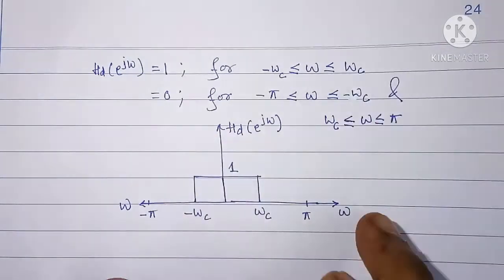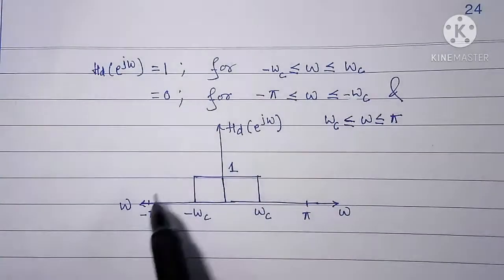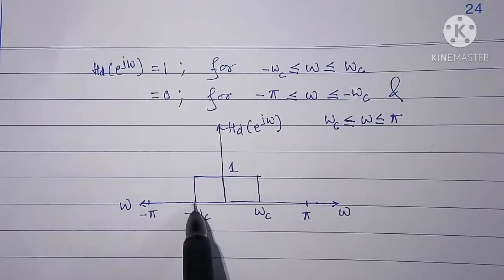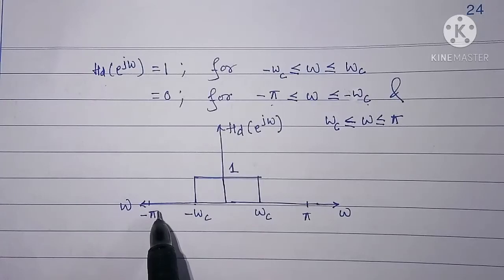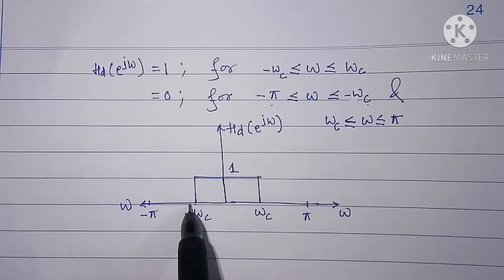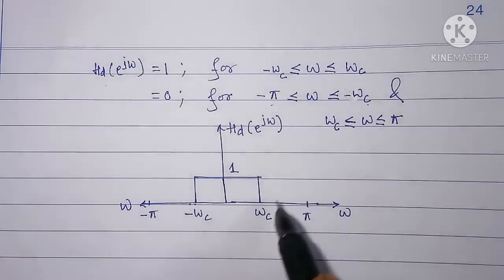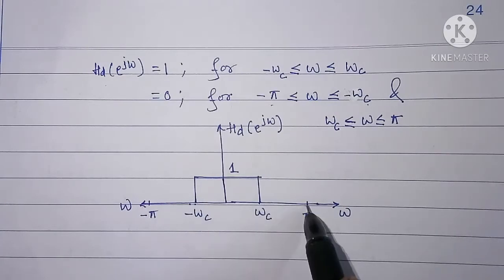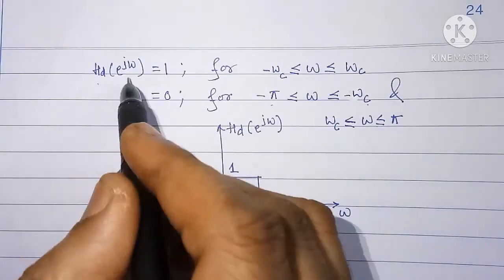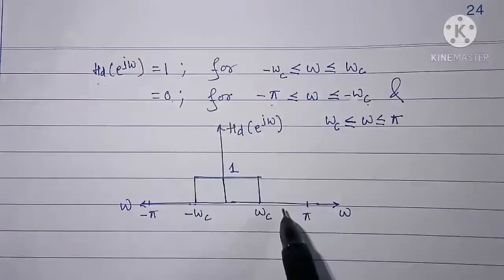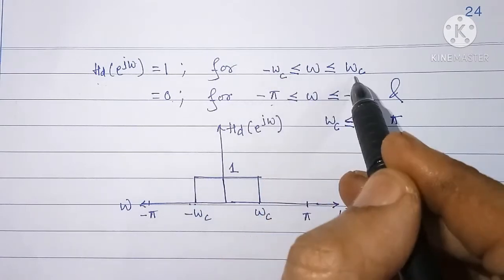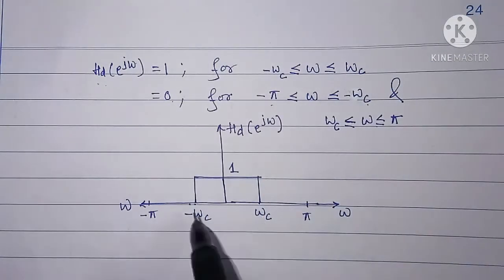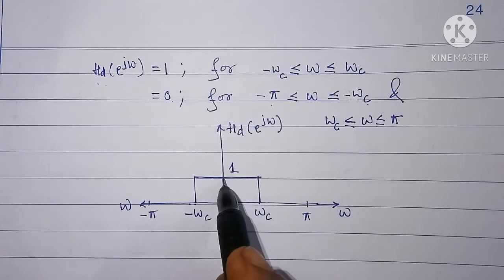And the same thing you can see here now. From minus pi to minus omega c, that is in this range, HD of e raised to j omega is 0. And also from plus omega c to plus pi, HD of e raised to j omega is equal to 0. Whereas for omega between minus omega c and plus omega c, HD of e raised to j omega is equal to 1.